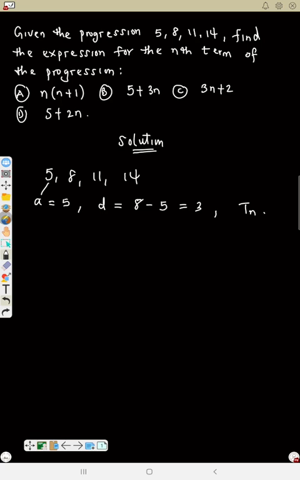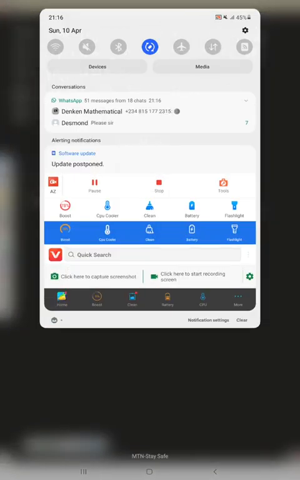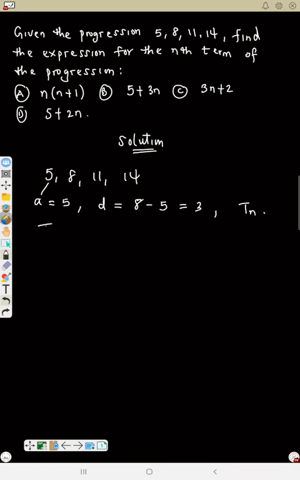So now in this case, based on the formulas I gave you, what does the nth term represent? The nth term of an AP is Tn equals a plus (n minus 1) times d. So what is a?